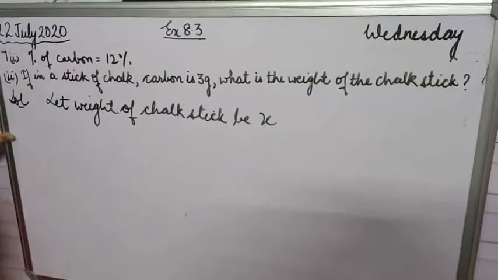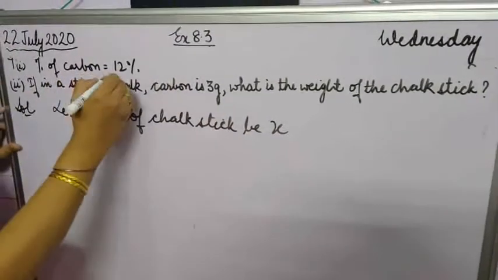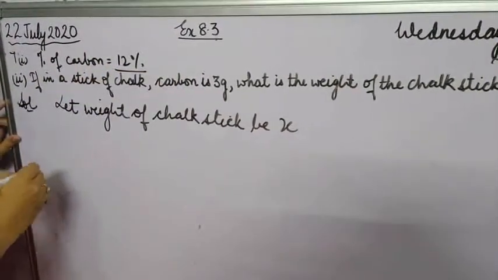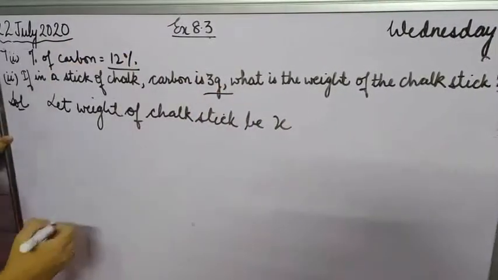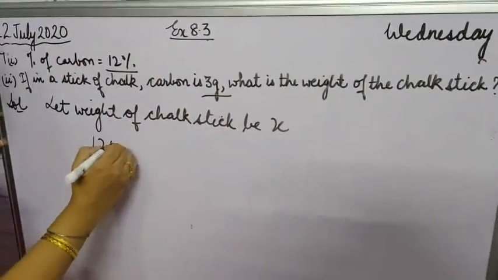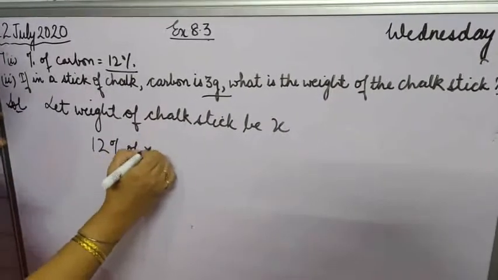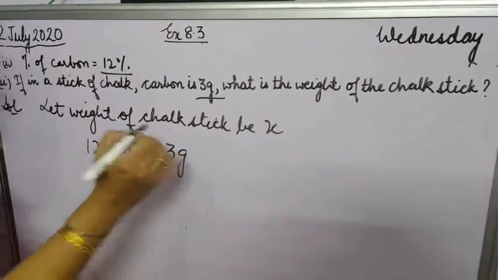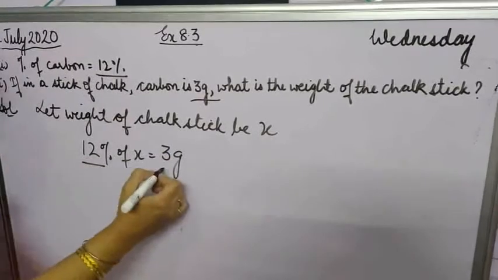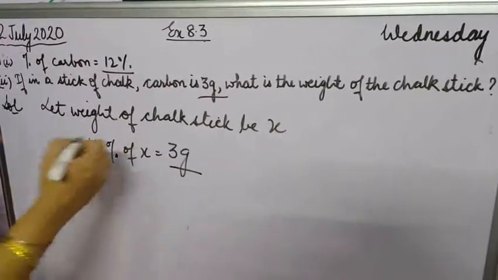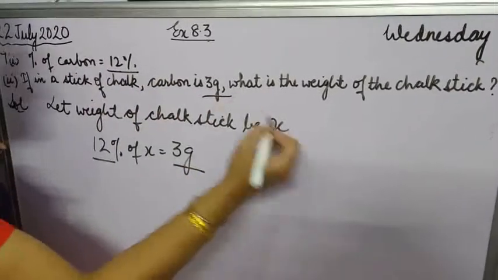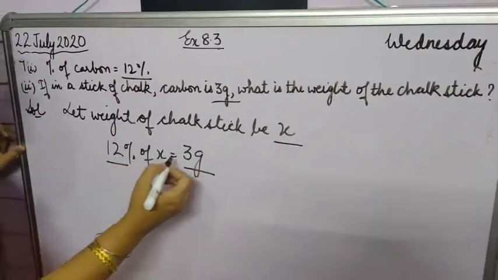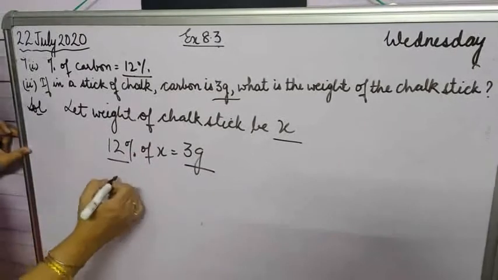You can take any variable of your choice. Now the percentage of carbon is 12% and the quantity of carbon is 3 grams. That means 12% of x is equal to 3 grams. The percentage is of carbon, and this weight is also of carbon, so these should be equal. Now 12% of the total, and what is the total? x. So 12% of x is equal to 3 grams.